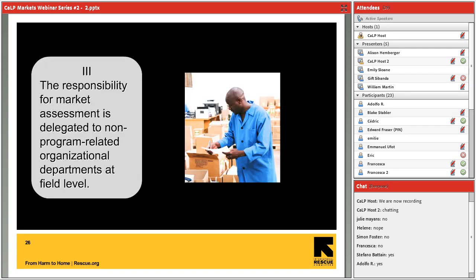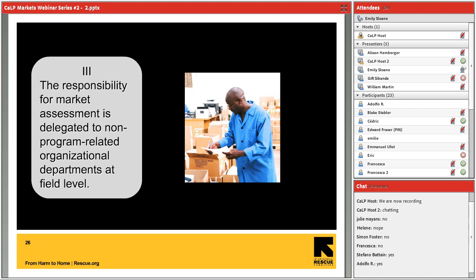Okay, one more example. The responsibility for market assessment is delegated to non-program related organizational departments at field level. This is obviously not necessarily going to work in all contexts, but the idea here is that since we have such segmented roles, market analyses are often led by program people, whereas the people who actually make the decisions about procurement are often supply chain or logistics people.